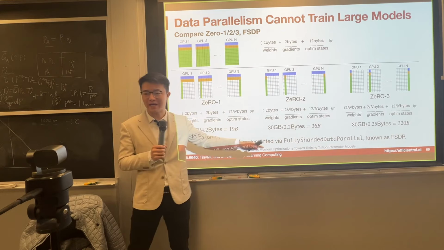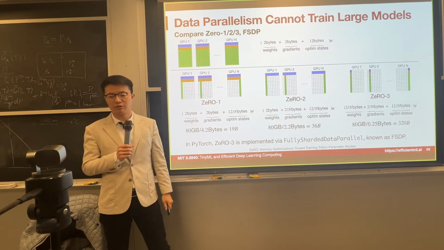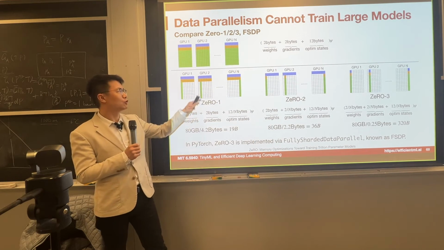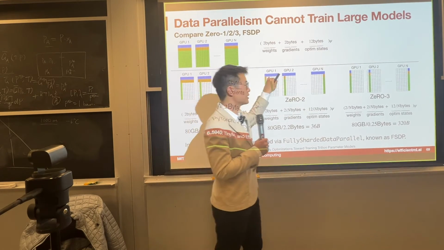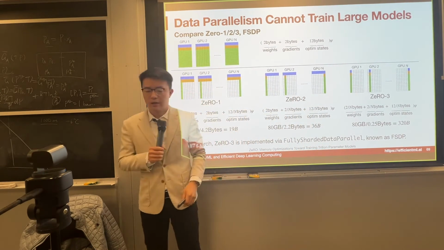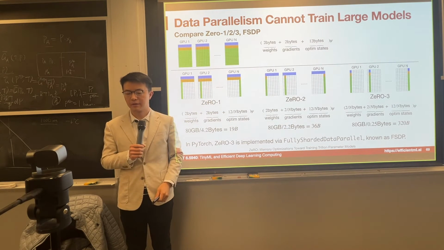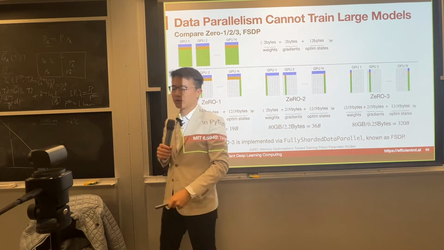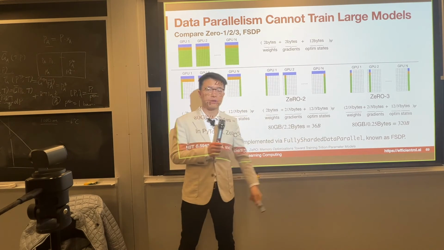Now let's put them together to talk about data parallelism using ZeRO-1, ZeRO-2, and ZeRO-3. ZeRO-1 shards the optimizer state. ZeRO-2 also shards the gradient. And ZeRO-3 also shards the weight. The model size it can fit in a single GPU just keeps increasing. Since ZeRO-3 can fit the largest model, people gave it a name in PyTorch, implemented as fully sharded data parallel, or FSDP.